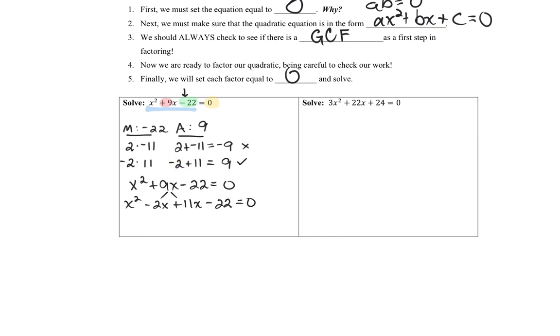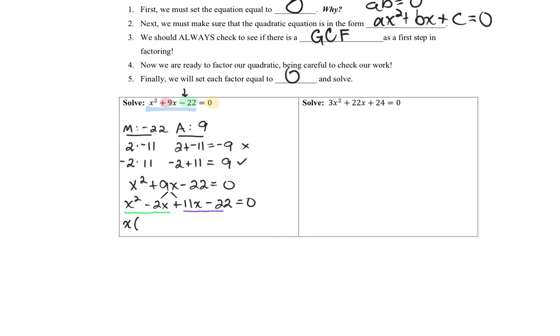So negative 2 plus 11 is 9. So 9x, I break it into negative 2x plus 11x. And this is factoring by grouping, right? So I'm going to group the first two, and I'm going to group the second two. And then the common factor for this first pair is going to be x.